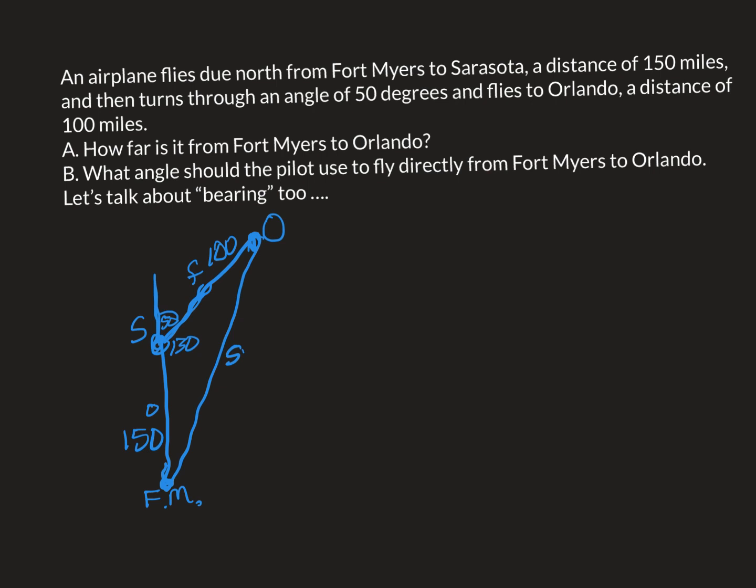Now, how far is it from Fort Myers to Orlando? So they want us to find the side S. So we have S, F, and O, and this is a side angle side problem. So since it's side angle side, we're going to use law of cosines.